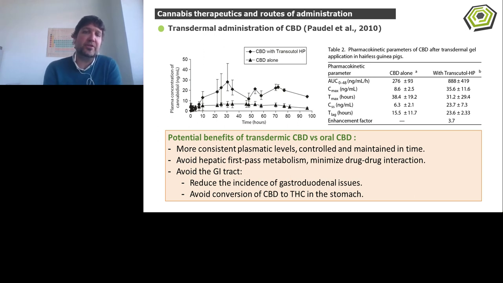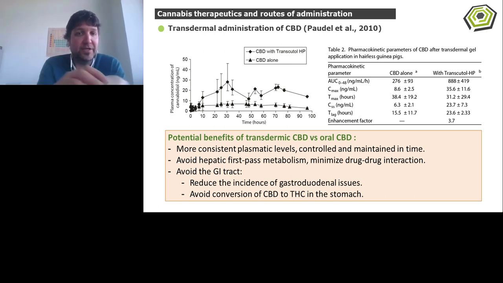Another route of administration that has been very popular because it has been developed by a company in the US is transdermal administration of CBD. This image comes from a scientific paper published in 2010, in which this academic group tried to come up with a formulation that would allow the systemic administration of CBD, meaning CBD gets into your blood and then distributes throughout your body through the skin.